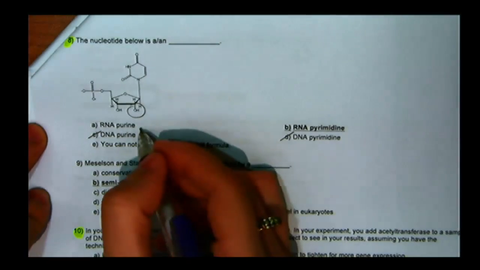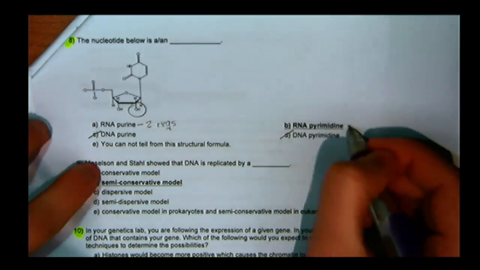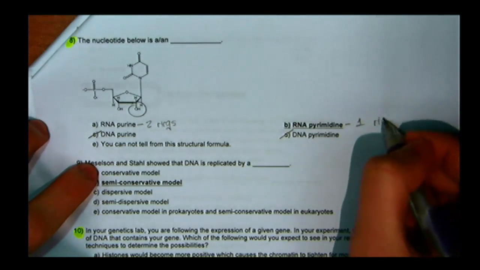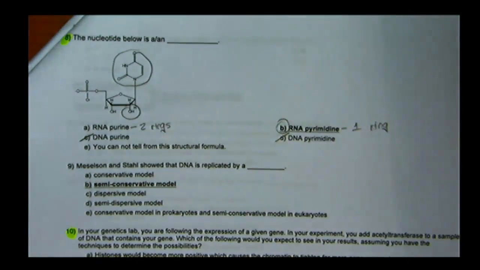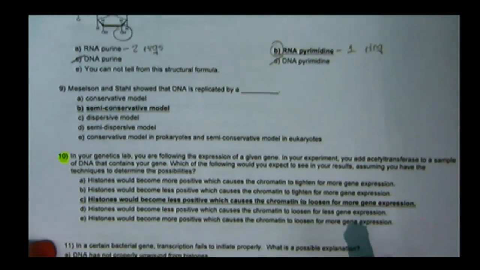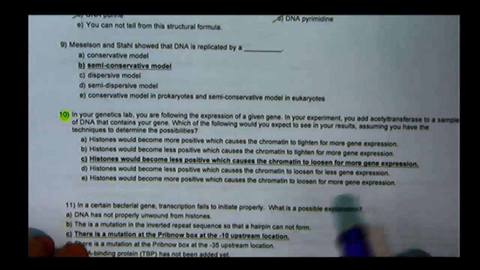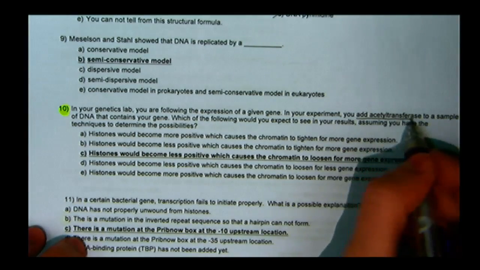Okay, so you are adding acetyltransferase to a sample of DNA, and what would you expect to see in the results? And that's really it. Okay, so remembering that acetyltransferases increase transcription. So get rid of anything that says that will be less transcription, or in this case, gene expression. So there will be more gene expression, not less.